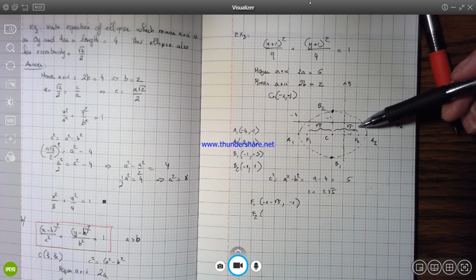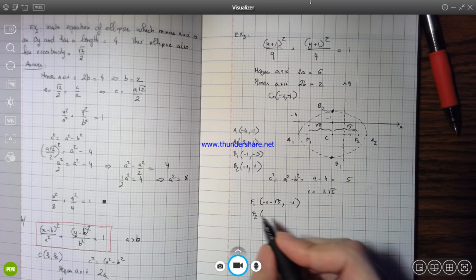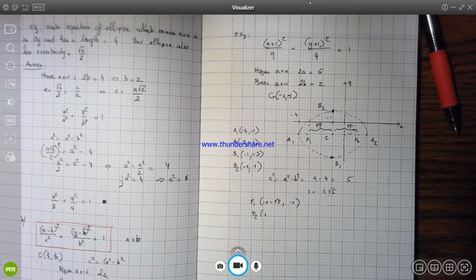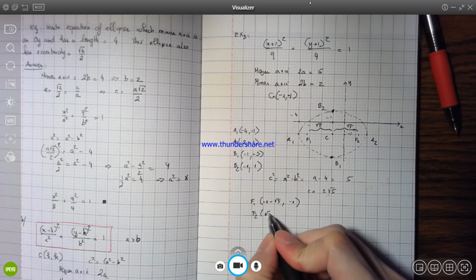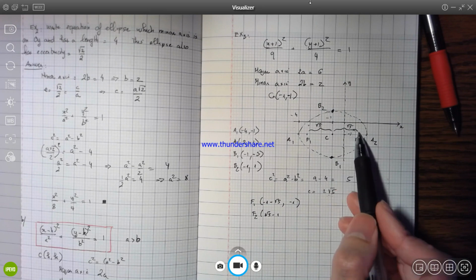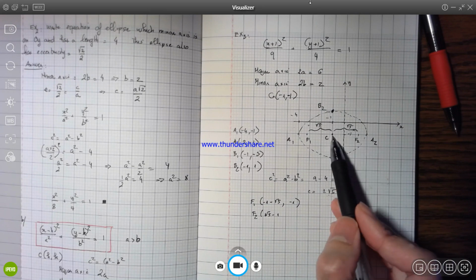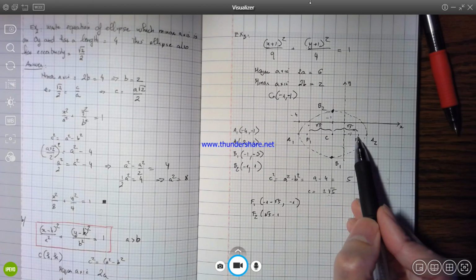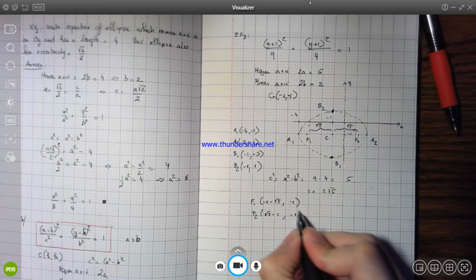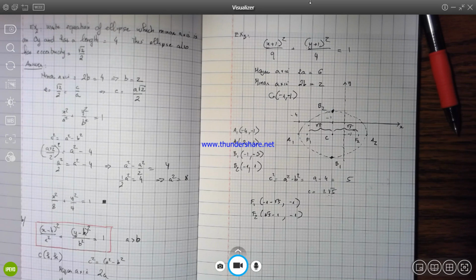So it will be square root of 5 minus 1, right? From here to here is square root of 5, you minus 1 unit, then it gives you from here to here. And the y component is still negative 1.